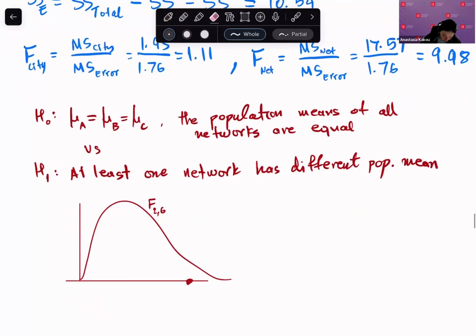The test statistic value, 9.98, is your F value for the network, and the threshold, F of 2, 6, 0.05, is, as we said, 5.14.